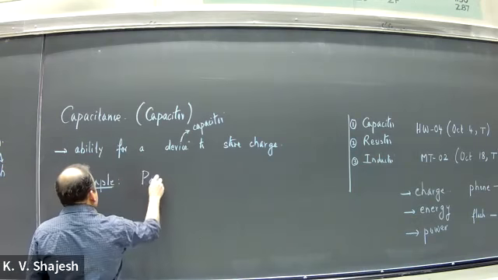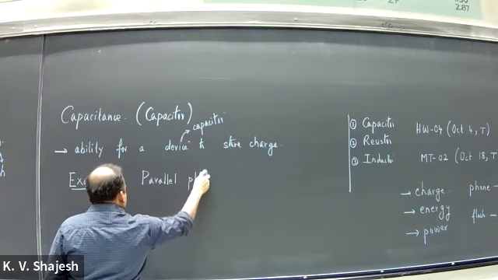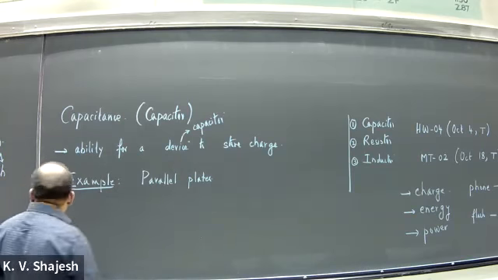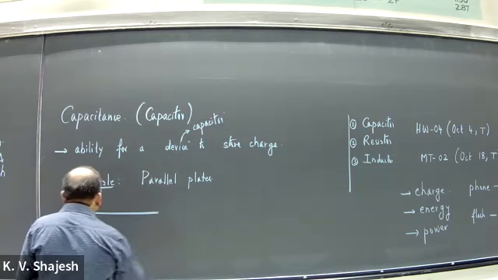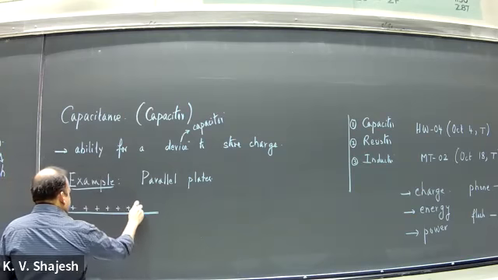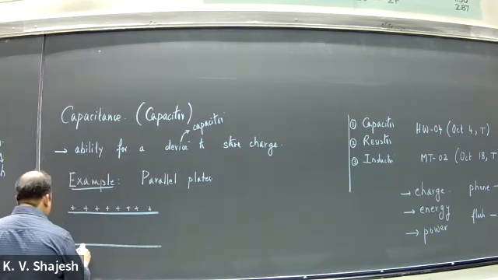Parallel plates. And let's ask what decides how much charge is stored. So same example, but we want to do this quantitatively. Positive charge and negative charge.